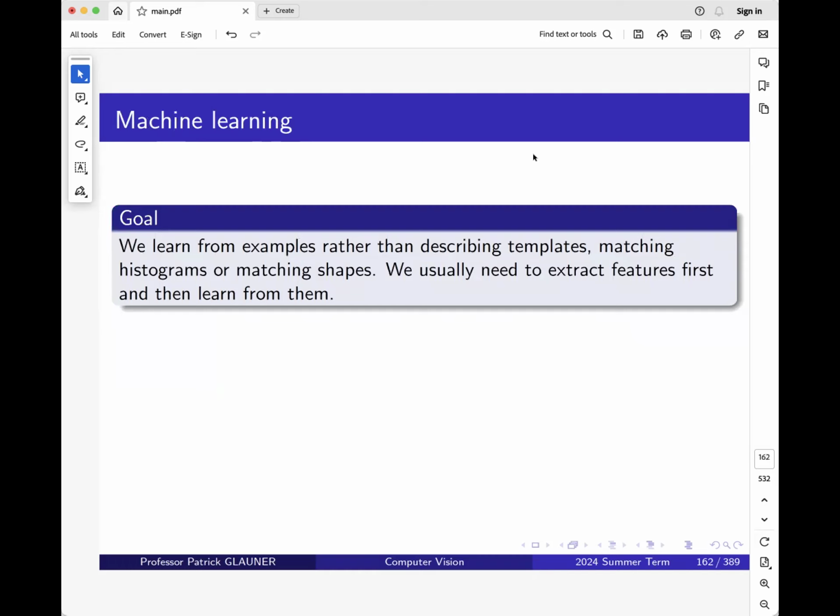However, in recent years, we see more and more computer vision systems that are based on machine learning. With machine learning, we can learn from example data, and we have a goal of learning patterns in a training set, and we try to generalize from this training set. Then we're trying to recognize objects in new images.